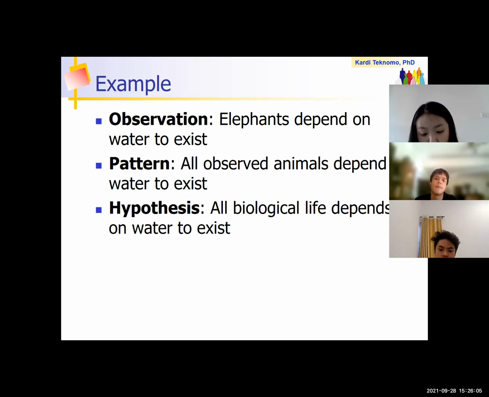You see, you start from the elephant, which is specific, and then you generalize into all animals, and then you generalize again into all biological life. Why do I say this is a hypothesis? Because there is probably certain biological life on another planet which does not really depend on water.